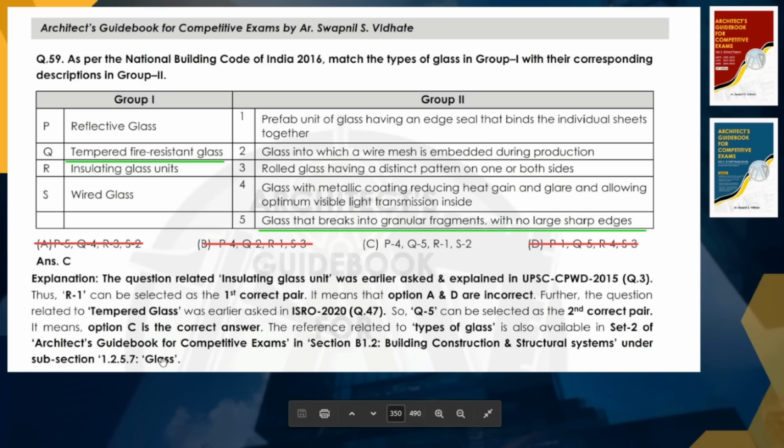You will find the descriptions of all these types of glasses, and they are exactly matching with the information already provided in set 2. So here option C was the correct answer for question 59.